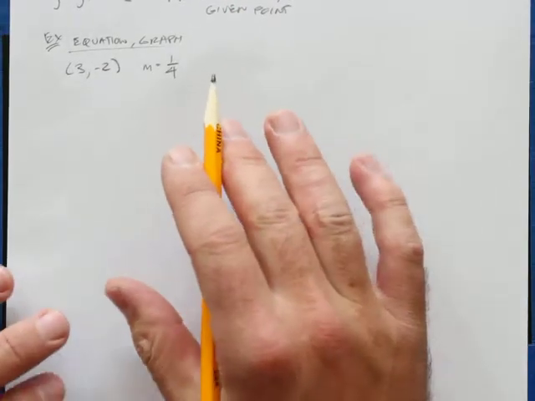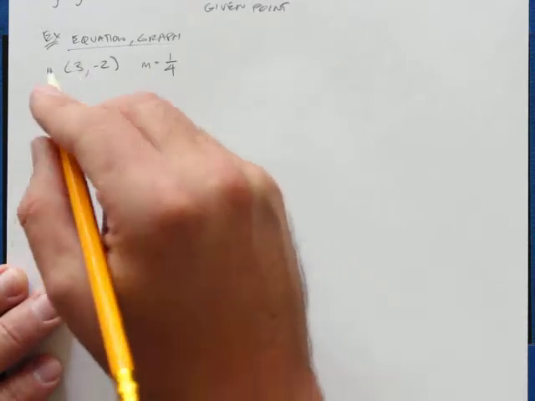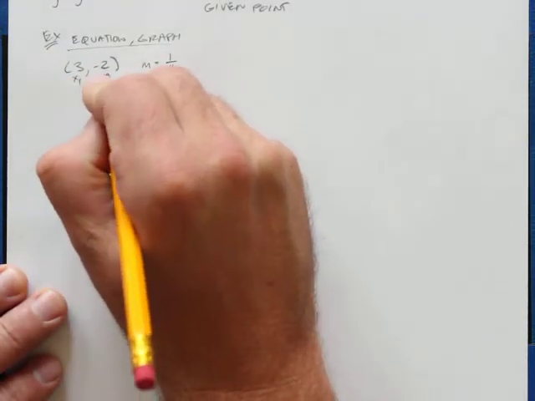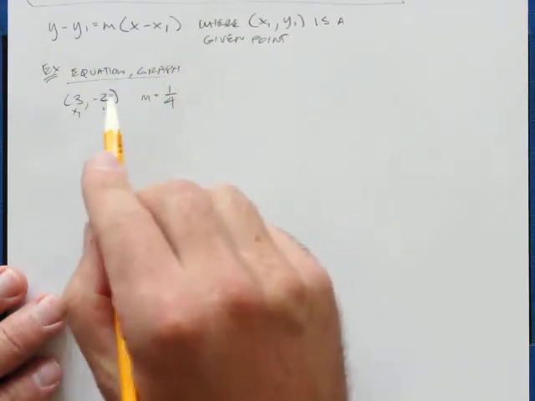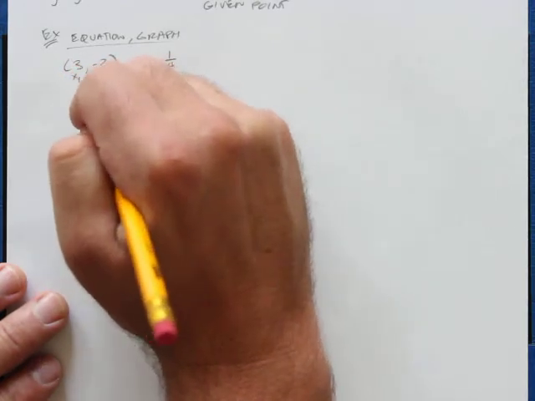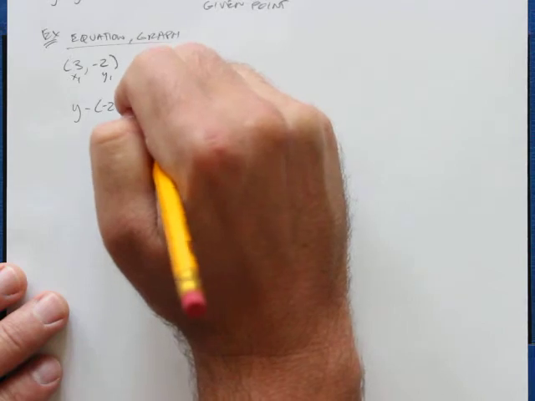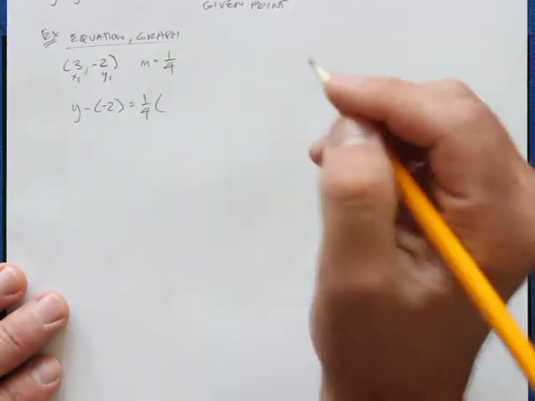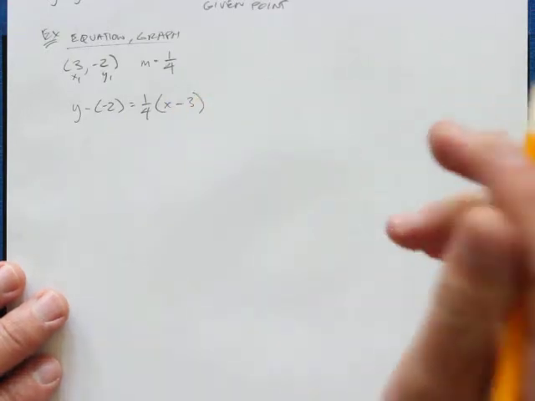Let's first label x1, y1, and then use this equation to plug in all of this information. So I've got y minus y1, which is -2, equals my slope, which is 1/4, times x minus x1, which is 3.